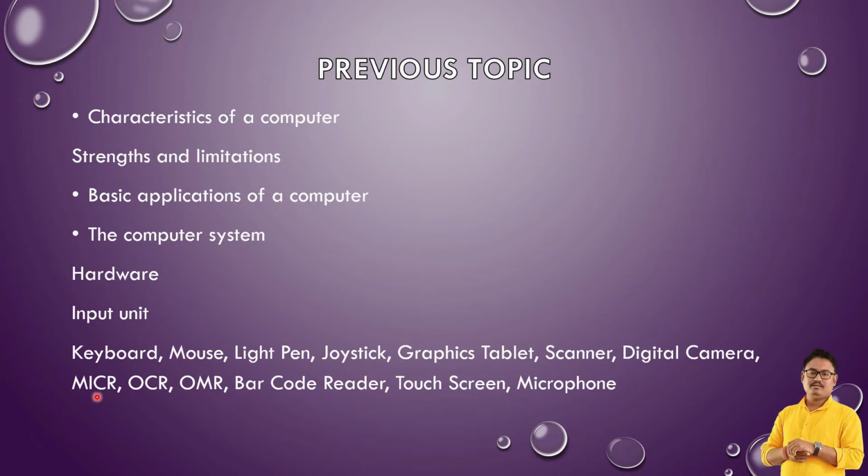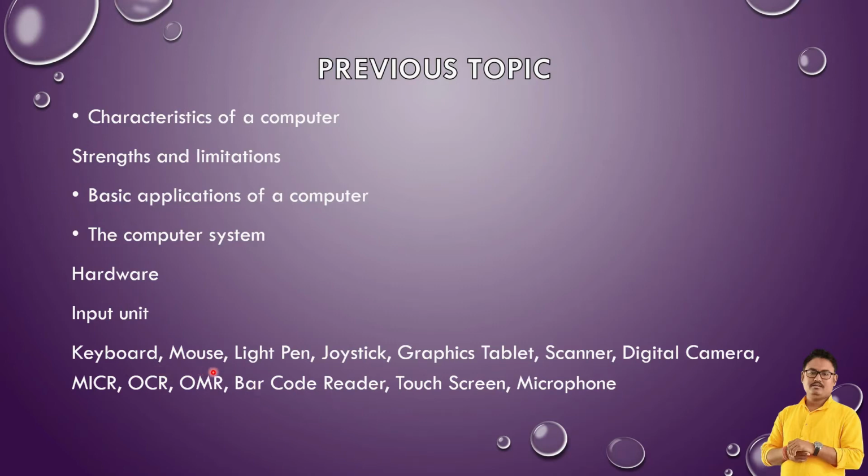MICR full form, do you remember? Magnetic ink character reader. Then OCR, optical character reader, OMR, optical mark reader, barcode reader, touch screen, microphone. All these topics we have already completed.